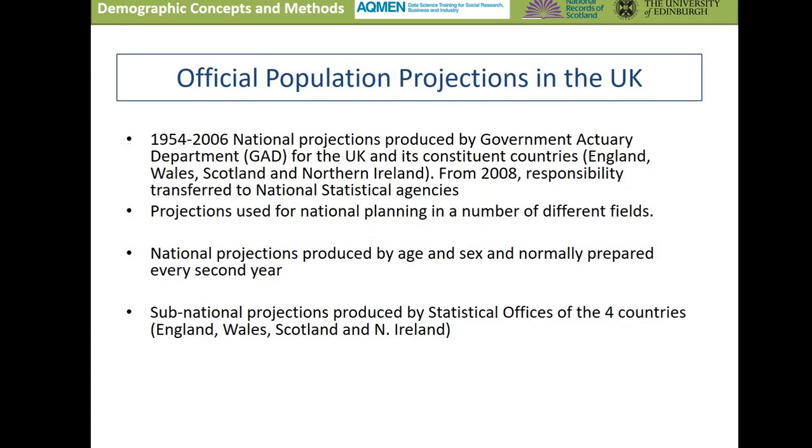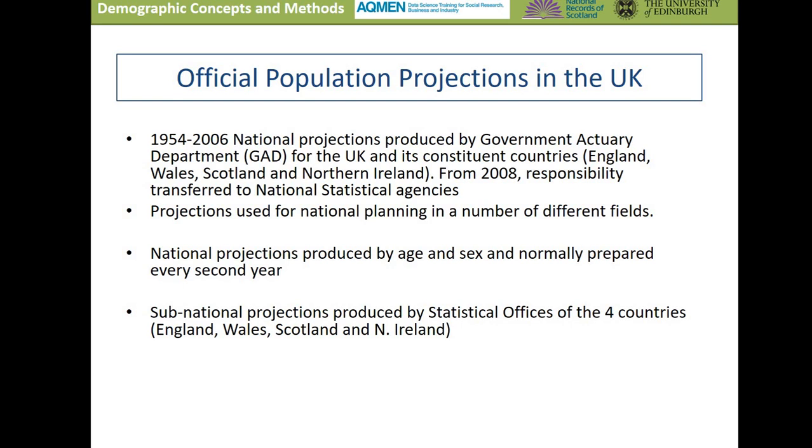A set of official population projections are produced in the UK. These were originally produced nationally by the Government Actuarial Department. However, from 2008, responsibility is transferred to the National Statistical Agencies, to the Office for National Statistics in England and National Records of Scotland in Scotland. National projections are produced by age and sex and prepared every second year.